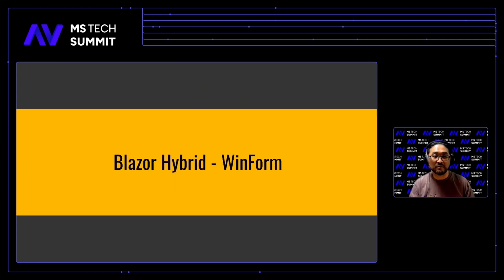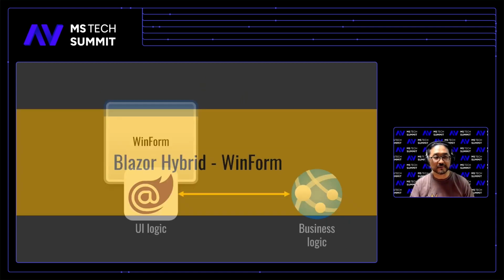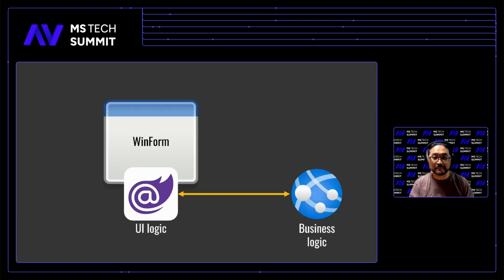Instead of using MAUI, you can use WinForms this time. So Blazor Hybrid with WinForms is another option, right? Instead of the MAUI shell, you can use the Windows Forms shell. The architecture would be the same: your Blazor WebAssembly application is wrapped with the Windows Forms shell, and that UI logic talks to the external backend API like this.